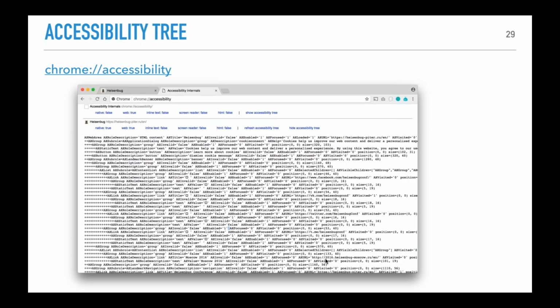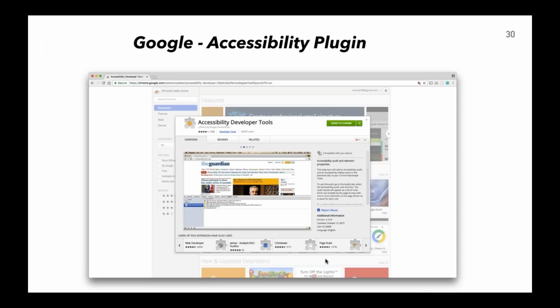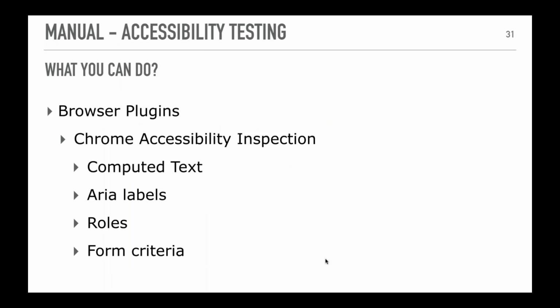This is exactly how screen readers will interpret how your application looks, and that is how the information is passed on to people who are blind. And there are also accessibility developer tools by Google that you can use to do accessibility audits. These browser plugins will help you find flaws in computed text, ARIA labels and roles, which is important, and also the form criteria.